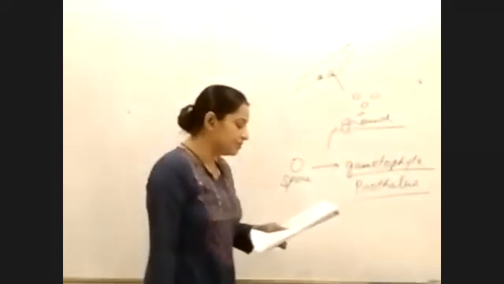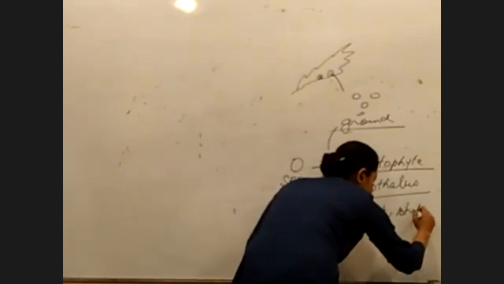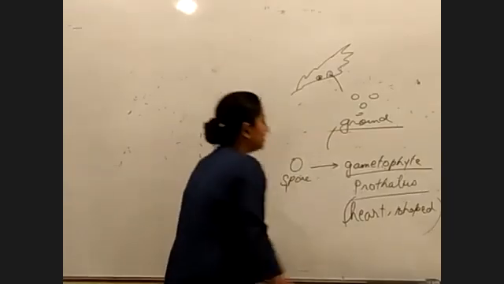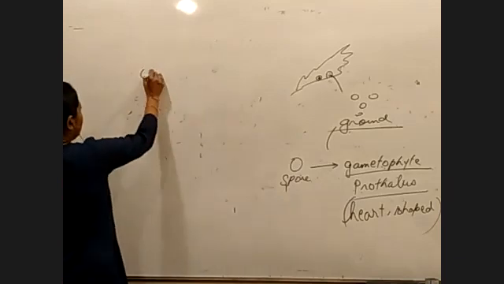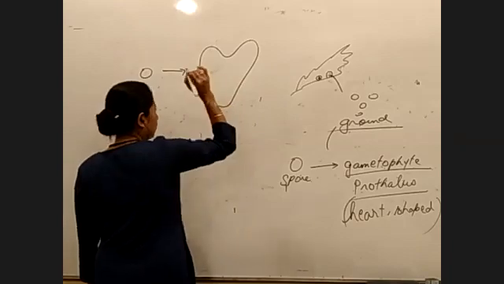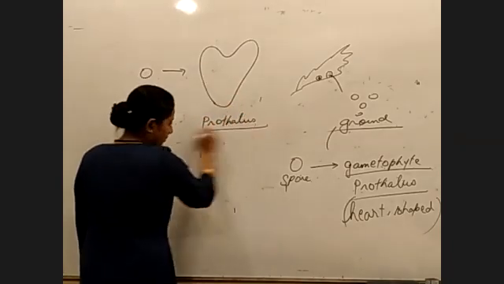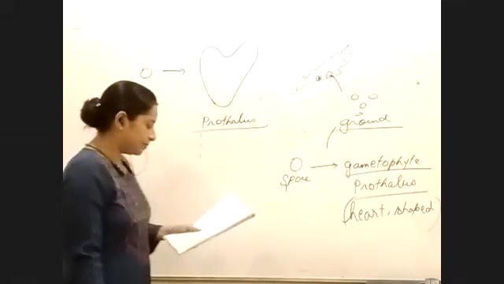So the spore germinate to form a heart-shaped structure that is called as prothallus. So spore thakibo, spore will germinate kori pelai enukwa eta structure form koribo. Etuk ami ki buli koiso? Prothallus. Clear?